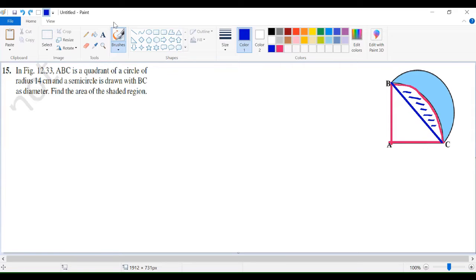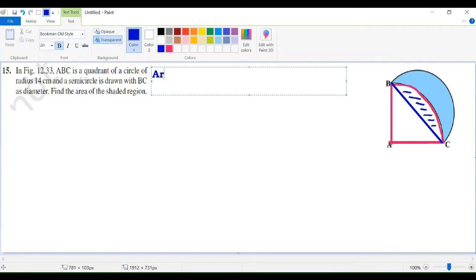Is it? So two steps are there. First, area of shaded region is equal to area of semicircle minus area of segment.